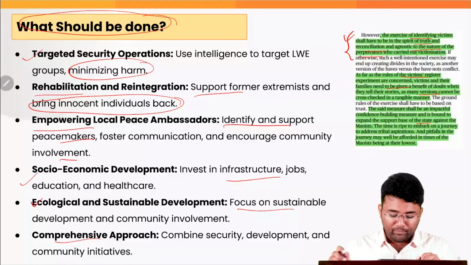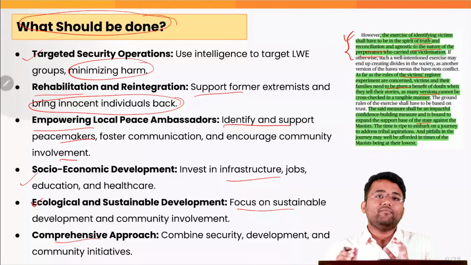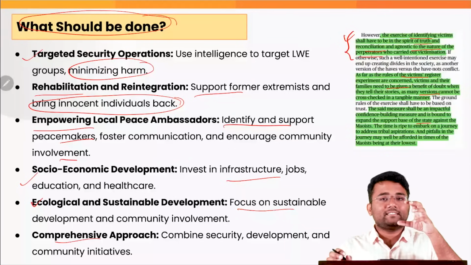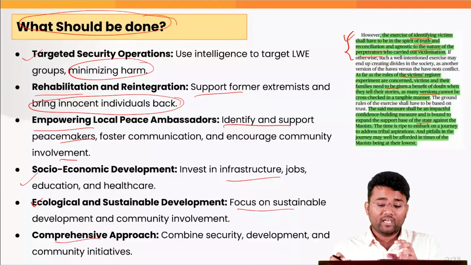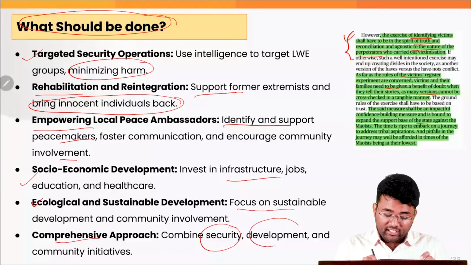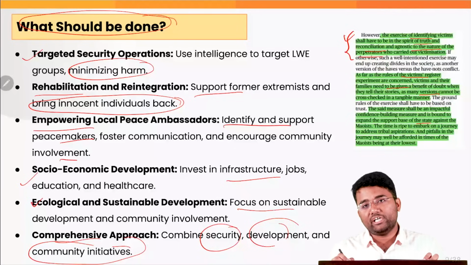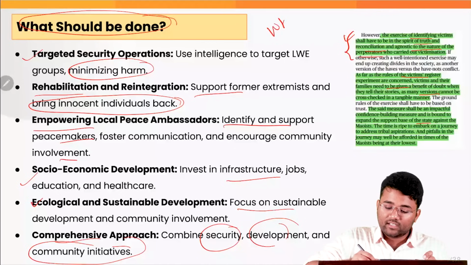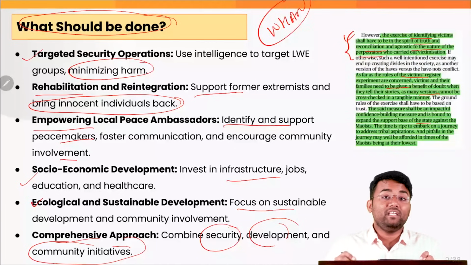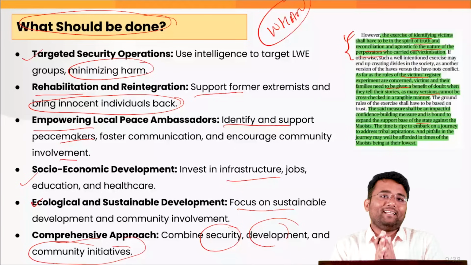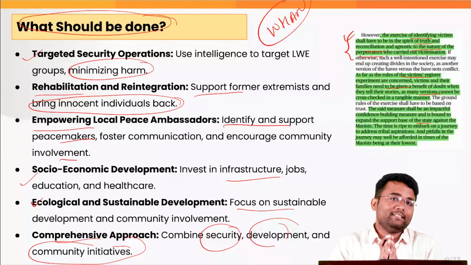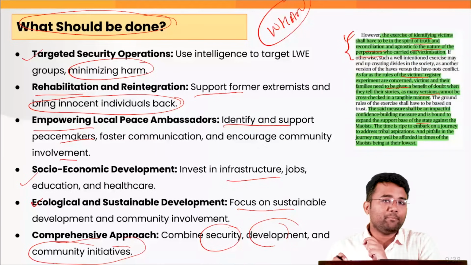Also, there is a need for a comprehensive approach, an integrated approach where we combine security, development and community initiatives like the WHAM strategy, that is, winning hearts and minds of the people. We need to persuade these people to understand the reality, that the government is for their benefit only.